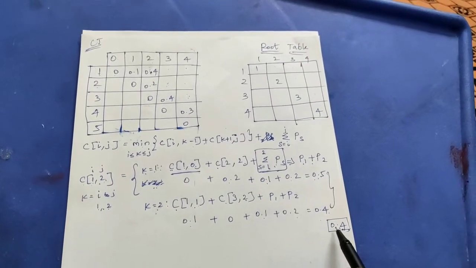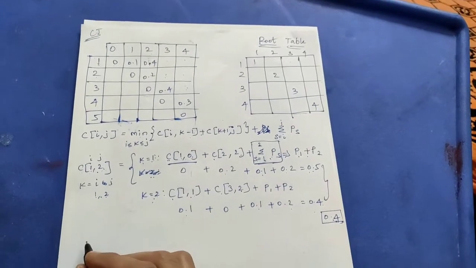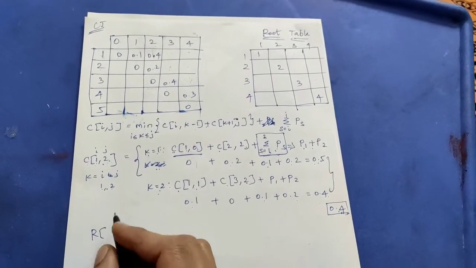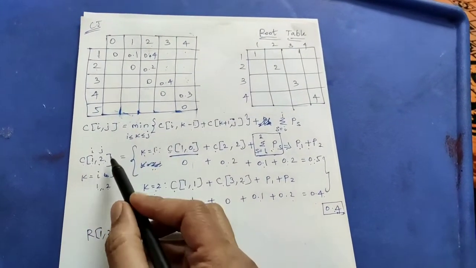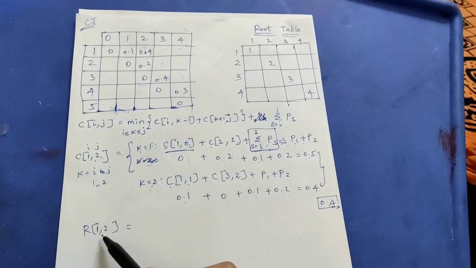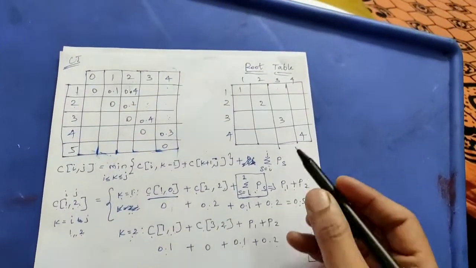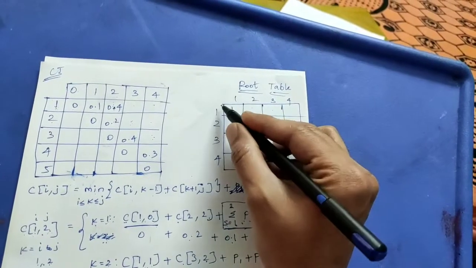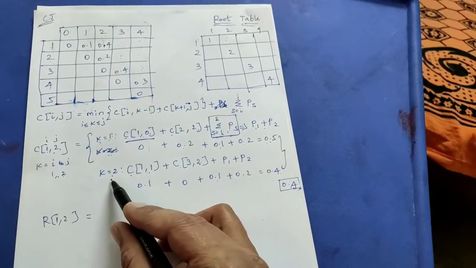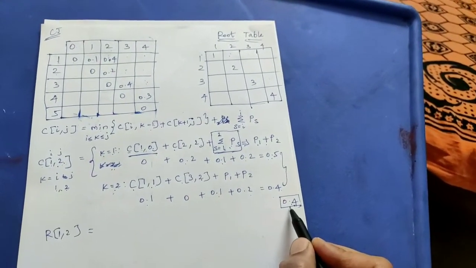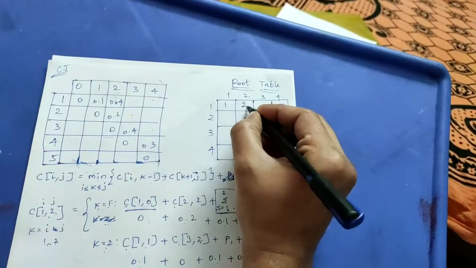So you have to go to the root table, location 1, 2. The respective k value which has given you the minimum value 0.4 is 2. So that I will be filling it here.